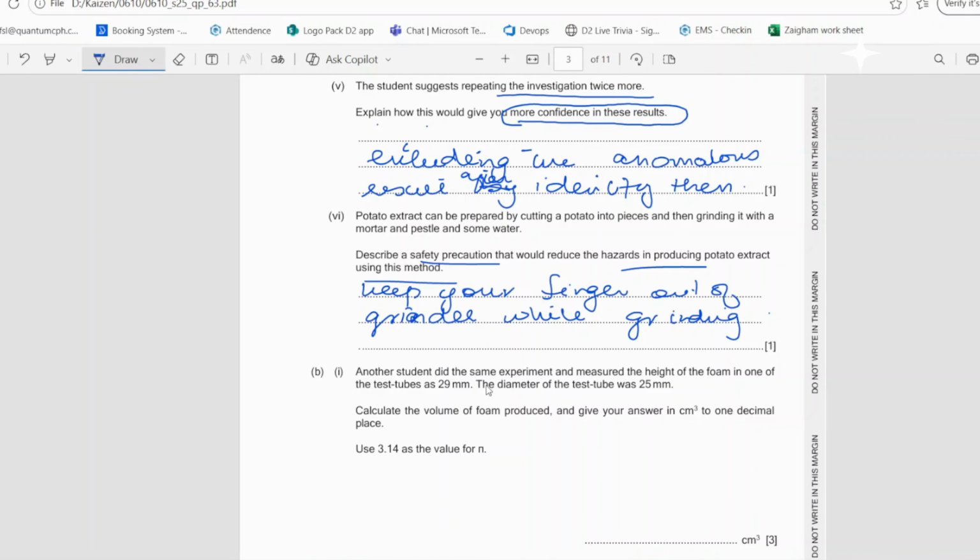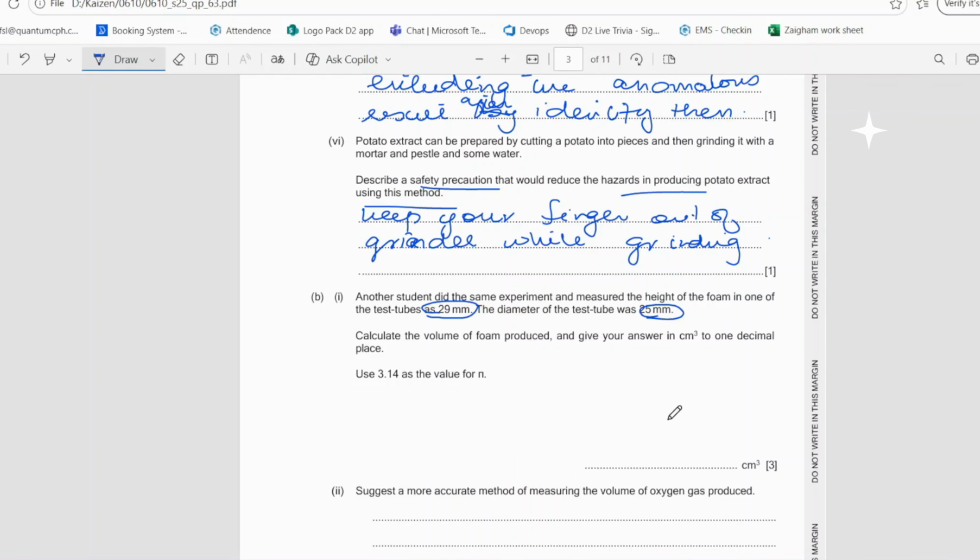Next one is another student did the same experiment and measured the height of the foam in one of the test tubes as 29 millimeter and the diameter of the test tube was 25 millimeter. Calculate the volume of foam and give your answer in cubic centimeter. So first of all, we need to convert them into centimeters. How can we do that?